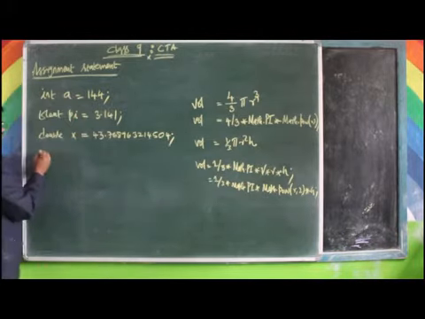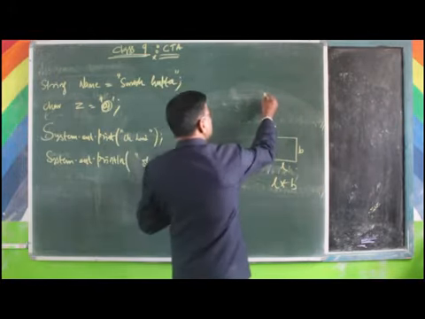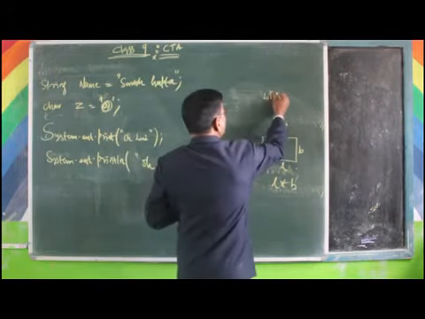Then the area of a sphere, like a shot put, is 4 pi r square. And the volume is equal to 4 by 3 pi r cube.